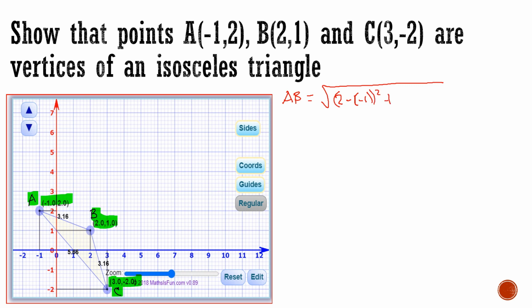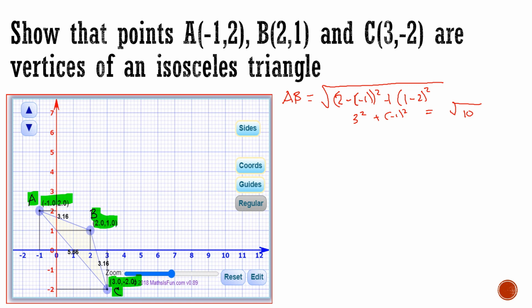And then we have plus 1 minus 2 quantity squared. So this one will be 3 squared plus 1 minus negative 1 squared. This will be square root of 10, right? Because this will be 9 and this will be 1, square root of 10.